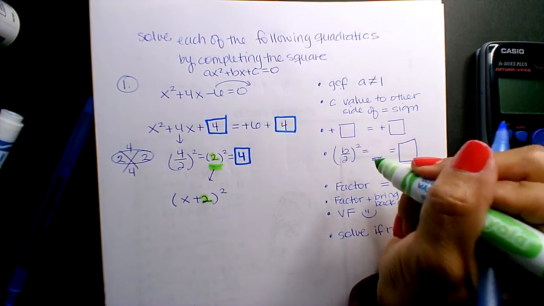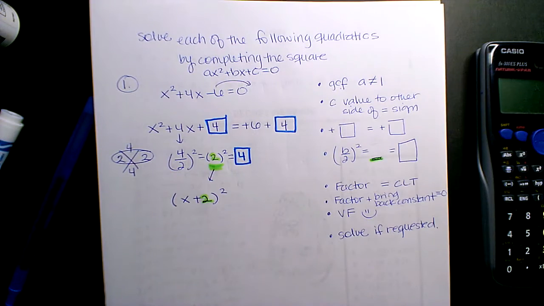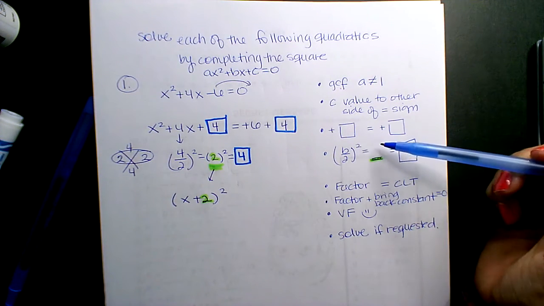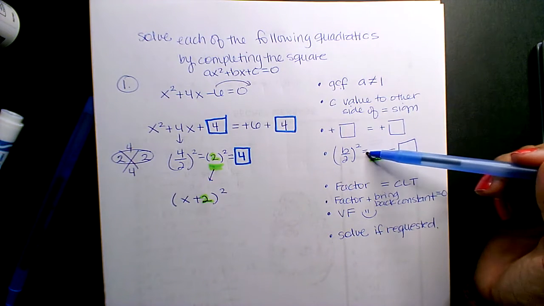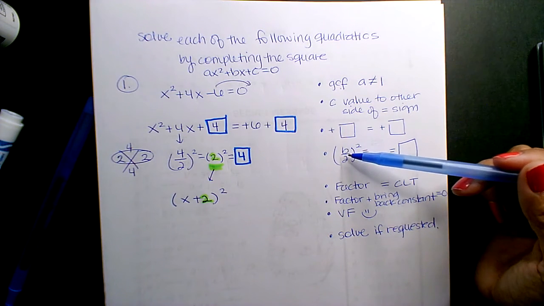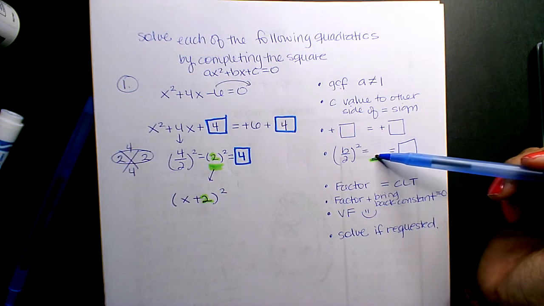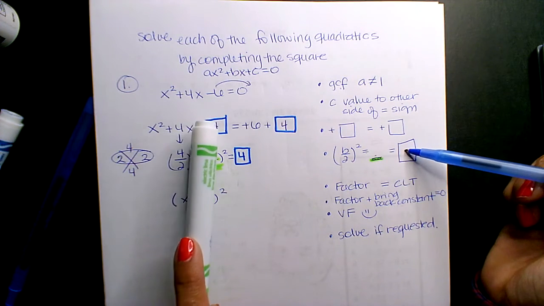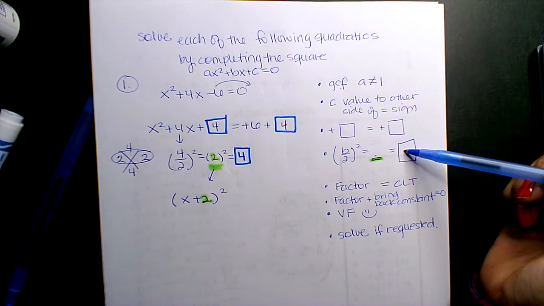Always. That's why I will always recommend to you guys, when you're doing the b over 2 squared, do the math in 2 steps. When you take the b value and divide by 2, that value is what is in your binomial squared. After you square it, that's the constant that gets added to both sides of the quadratic equation, the left and the right.